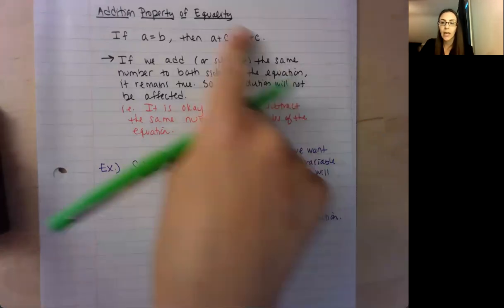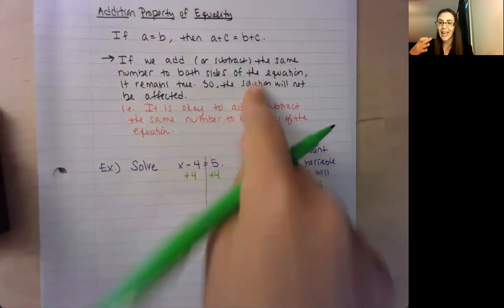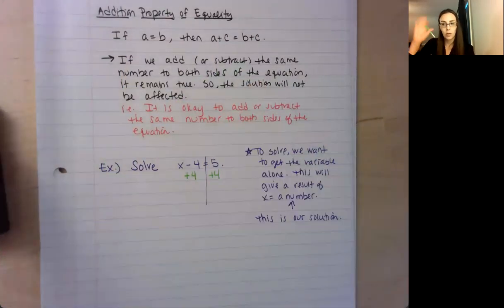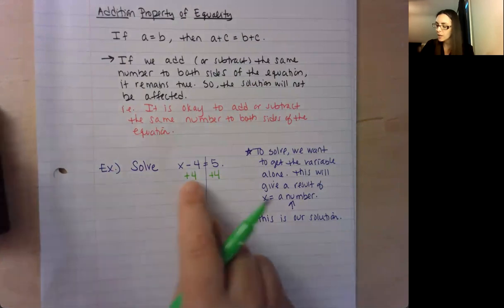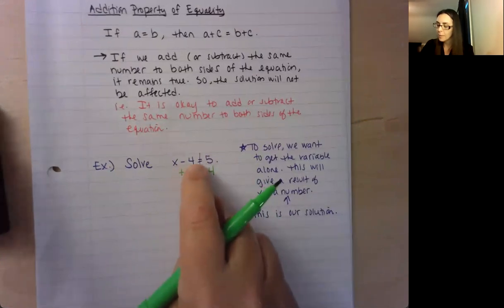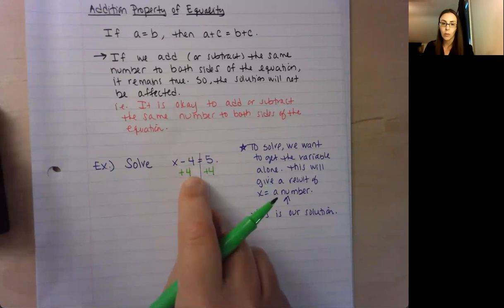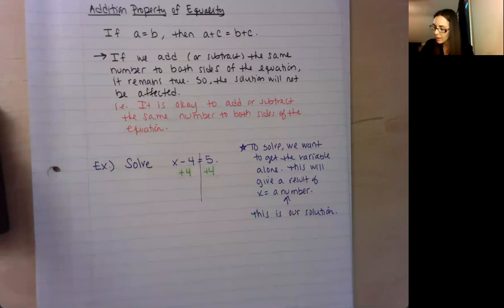My property says it's okay to do this. I can add or subtract any number I want on both sides, as long as I do it once on the left side and once on the right side. It will keep the equality true. So what happens here on the left is negative 4 plus positive 4 is 0. It's going to cancel out, so that is gone.